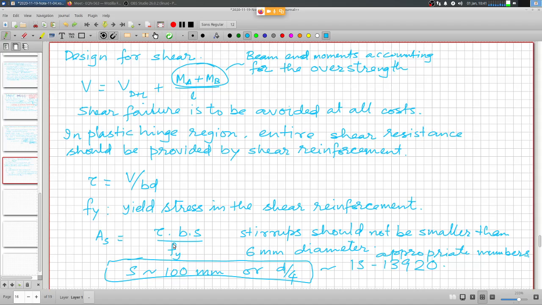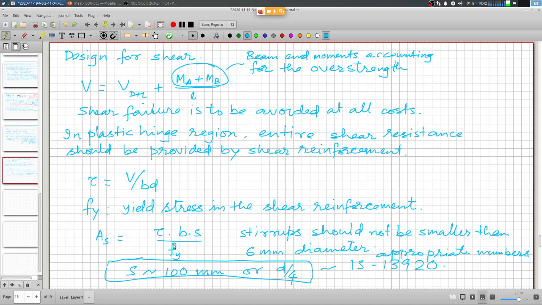You can see in the detail that the special ductile detailing is only applicable near the ends, and the spacing gradually increases beyond the plastic hinge length.